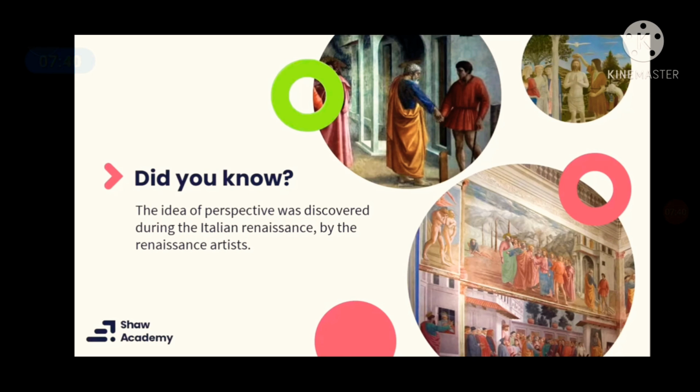So if you're wanting to look up a couple of these artists, you can search Brunelleschi and Alberti. They introduced the use of perspective, and in doing so, forever changed the development of art and the way we perceive perspective.